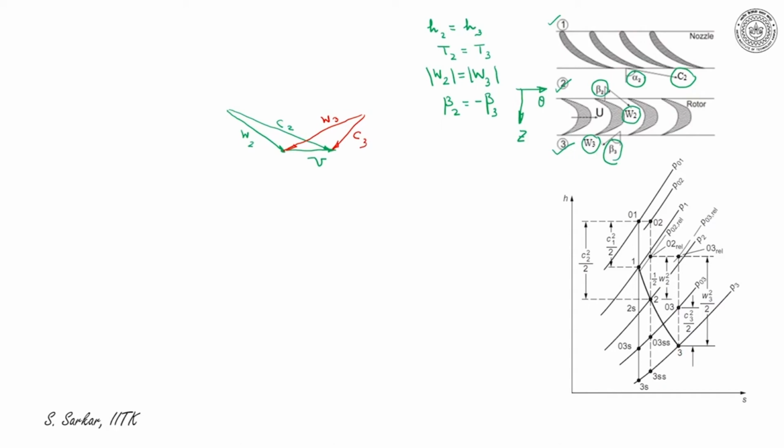So thereby W2 makes an angle beta 2 with the z-axis. C2 makes an angle alpha 2.